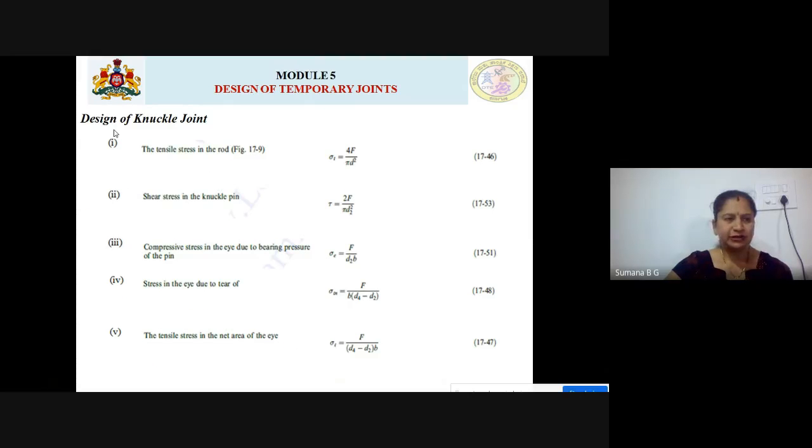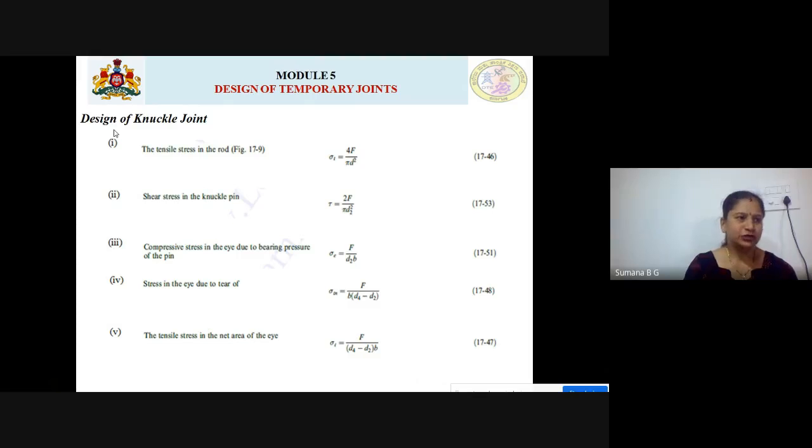With reference to design of knuckle joint, the procedure given below can be followed to find out the dimensions of a knuckle joint by considering the various modes of failure. If you refer to figure 17.9 in Design Data Handbook by K. Lingaiah, second edition, it is a diagram with notations related to design of knuckle joint.